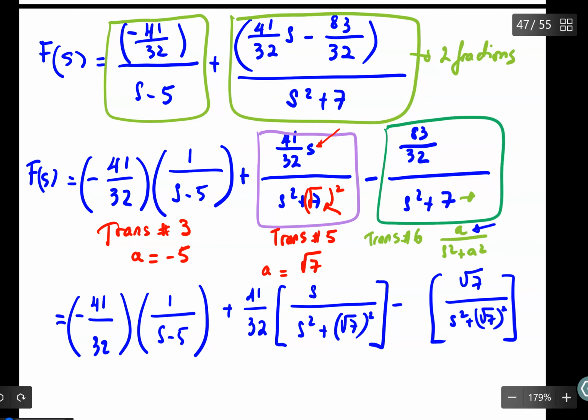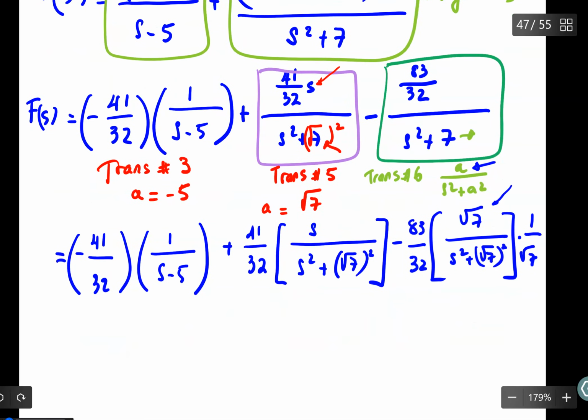And at the same time, I want to write 83 over 32 outside this bracket. Here you multiply by root 7, therefore you have to divide it by root 7. So with transform number 6, I should have a equal to root 7. So let's check that. a equal to root 7.